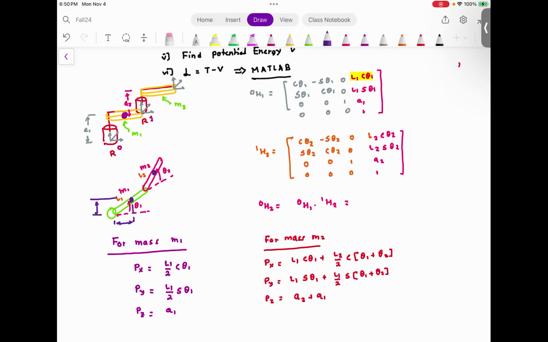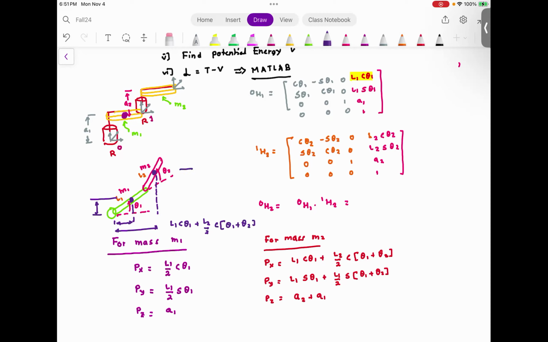X distance is L1 cosine theta 1. This distance is L1 by 2 cosine theta 1. The y distance is L1 by 2 sine theta 1. This distance is this total distance, which is L1 cosine theta 1 plus L2 by 2 cosine theta 1 plus theta 2.